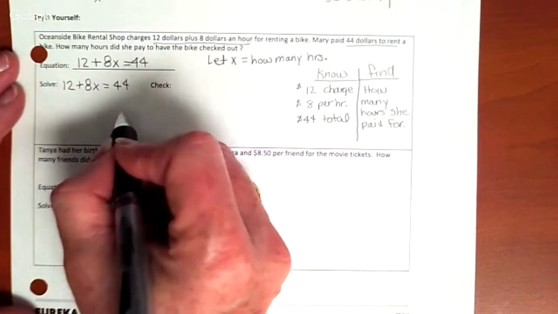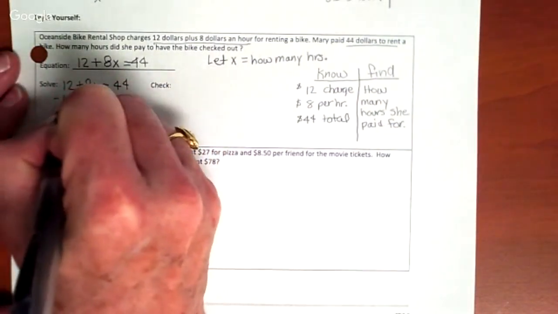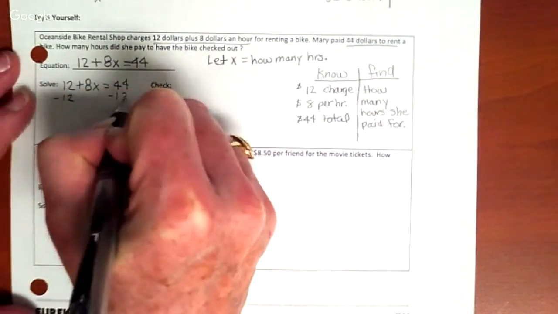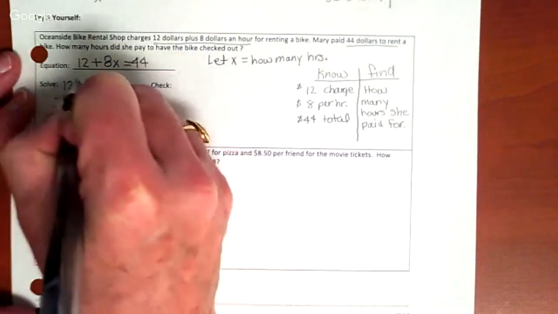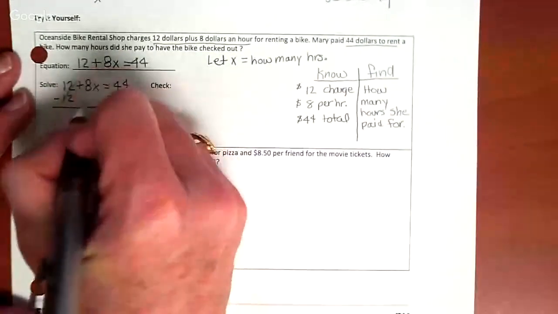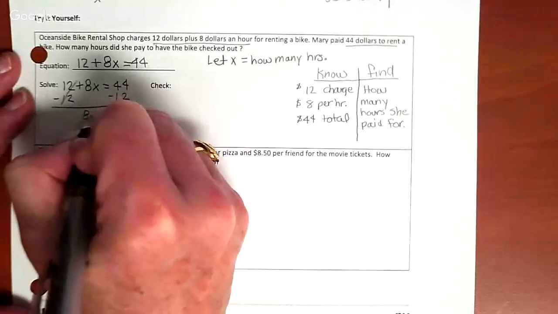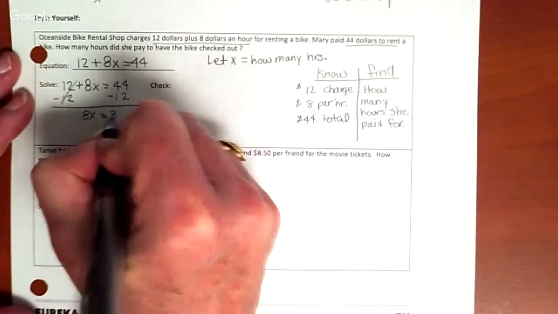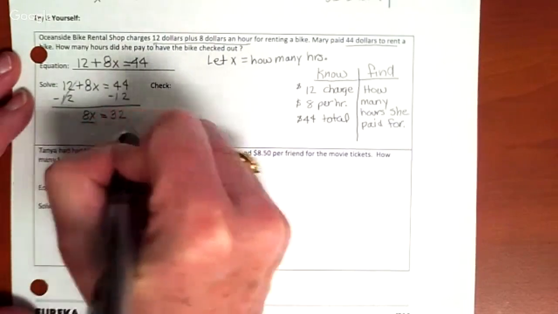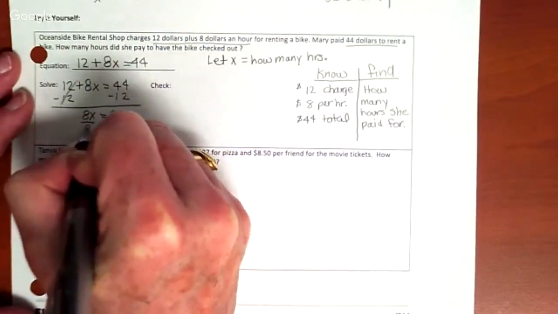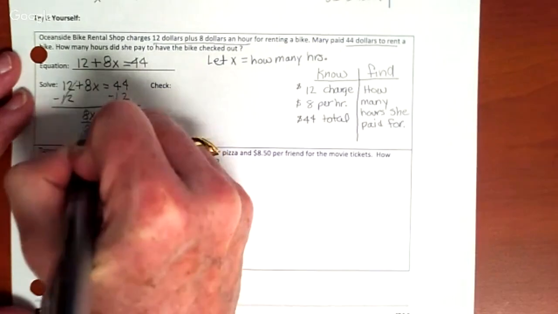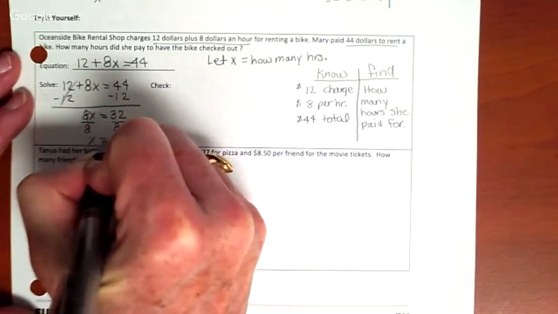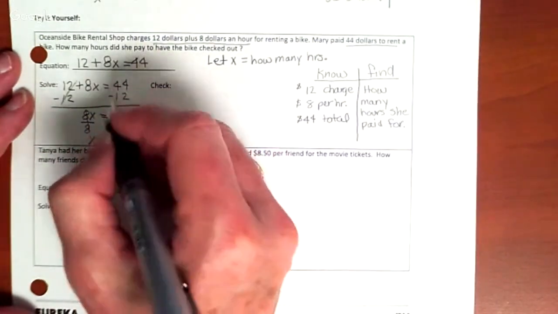So here we're going to subtract 12 from both sides. And we have 8X equals 32. Dividing both sides by 8, we have X equals 4 hours.